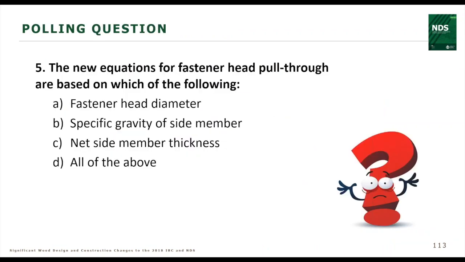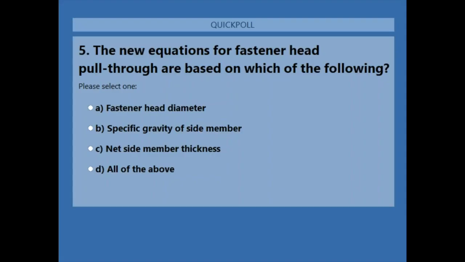All right, we got one more poll. I'm going to have Marcy go ahead and launch that. Sure thing. The new equations for fastener head pull-through are based on which of the following? Fastener head diameter, specific gravity of side member, net side member thickness, or all of the above.